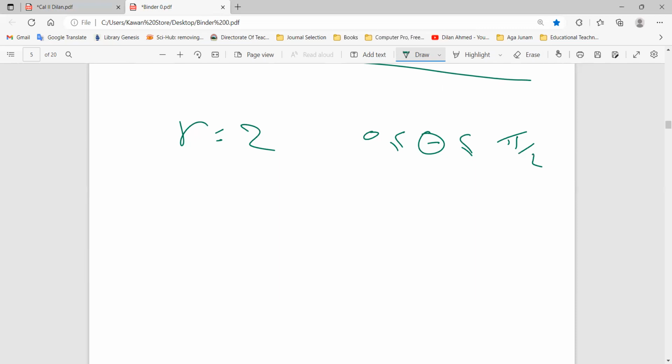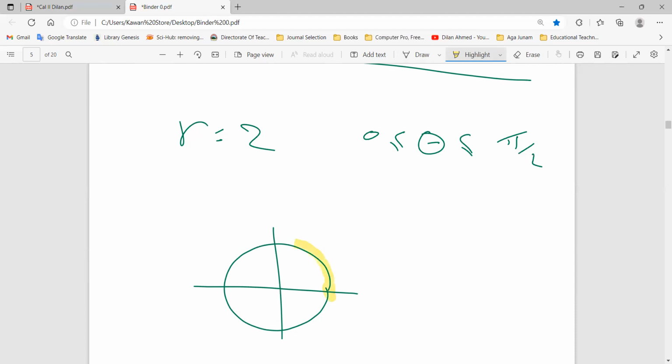Generally, r equal to 2 is a circle. But now theta is between 0 and pi over 2, so this will be my graph. I should erase the other parts, right?